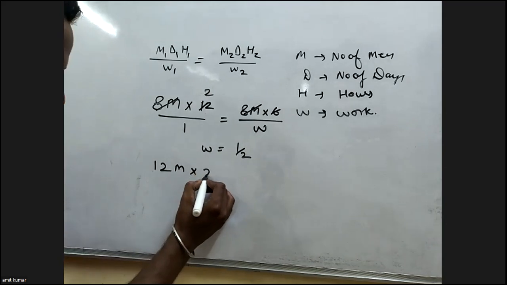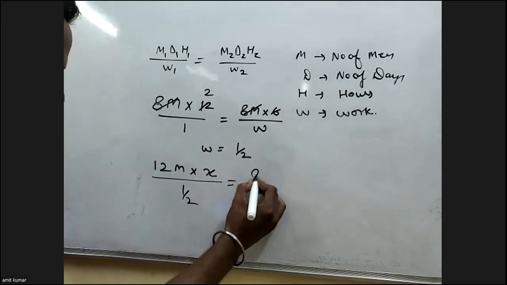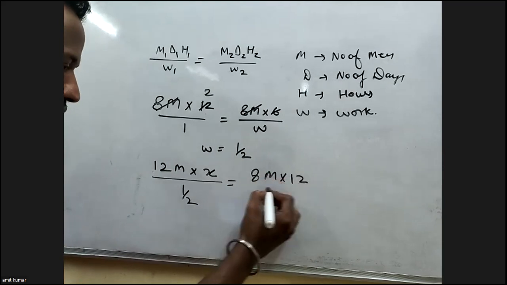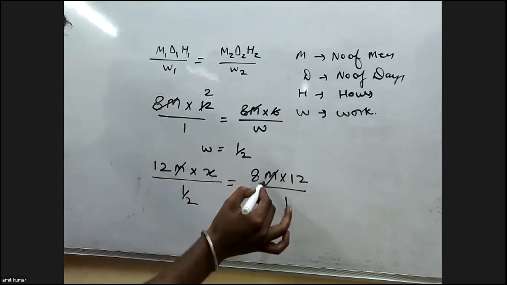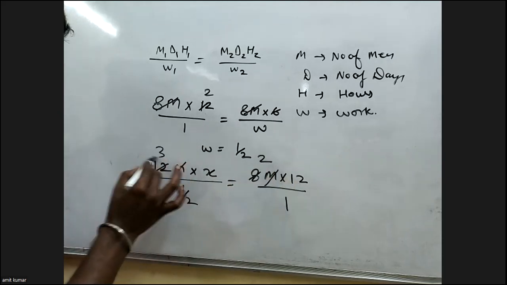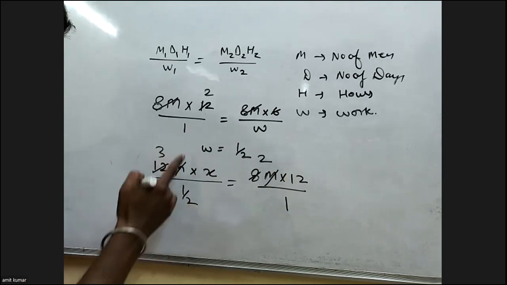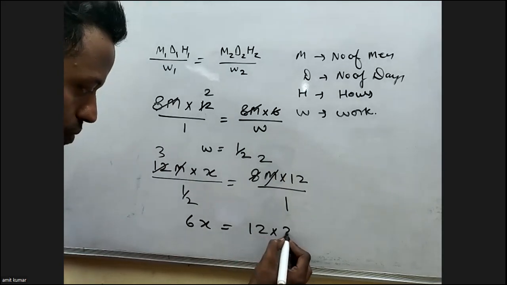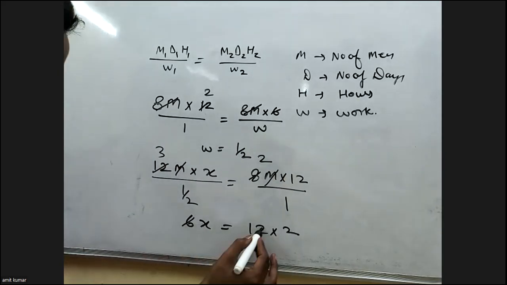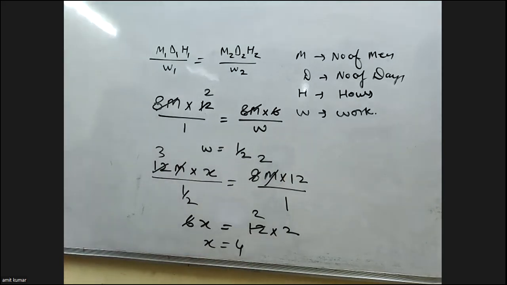Working X days they can complete half of the work, if 8 men working 12 days can complete the full work. The same question we have written again here. Half the work is to be done, that is 12X = 8 into 12 into 1/2, giving 6X = 12 into 2. So the number of days is 4. In 4 days, the remaining work will be completed.